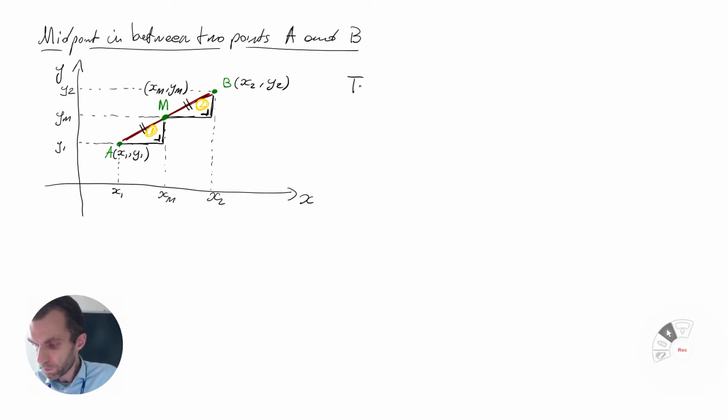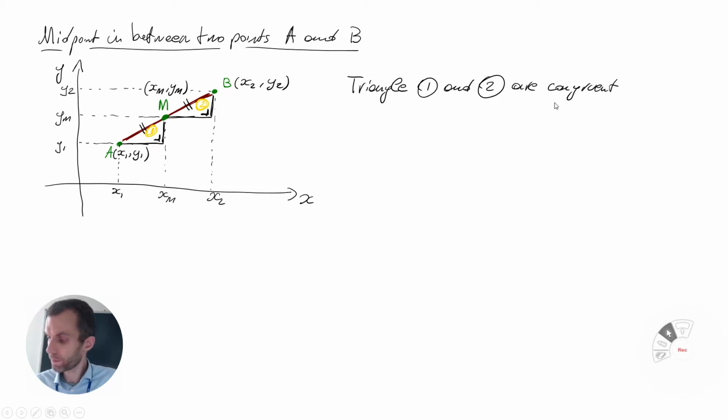So what we can decide from this figure is that triangle 1 and triangle 2 are congruent. And what does that mean? Well, it means that one triangle is just a translation or a rotation of the other triangle. And why do we know that they're congruent? Well, they share a side that has the same length, and then they also have an angle here that's the same, and an angle here that's the same.